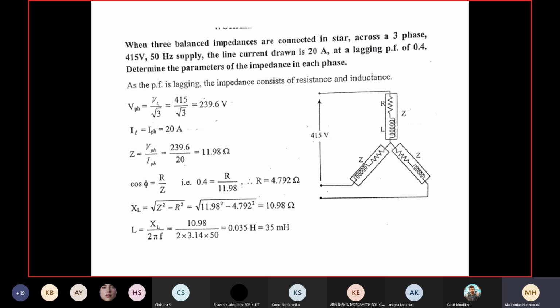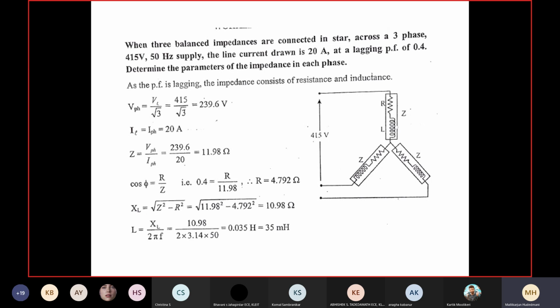When 3 balanced impedances are connected in star, when the star connection comes to your mind, you should think of a Y structure. It is a 3-phase 415 volt 50 hertz supply. The line current drawn is 20 ampere at a lagging power factor of 0.4.